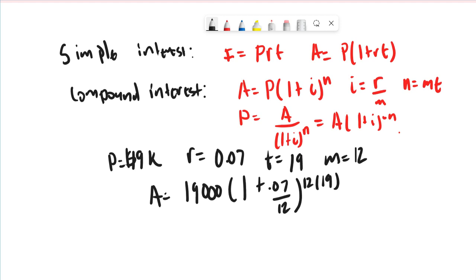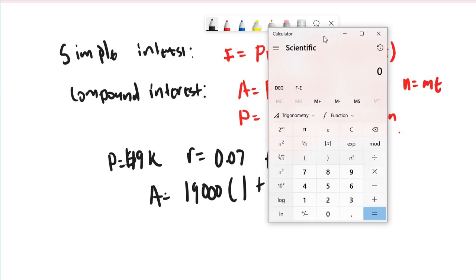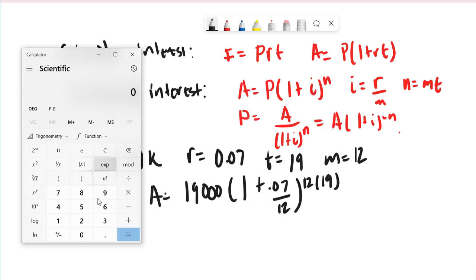Okay, so can we do this computation using a normal calculator? I think so. Why not? 0.07 divided by 12. Okay, don't round. Okay, now I need to raise this to 12 times 19.